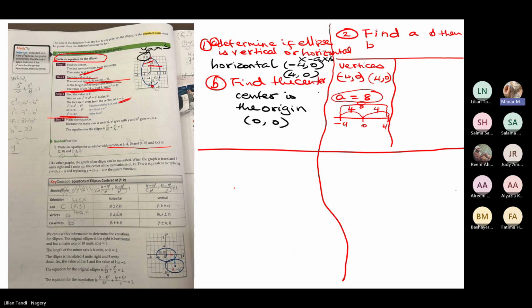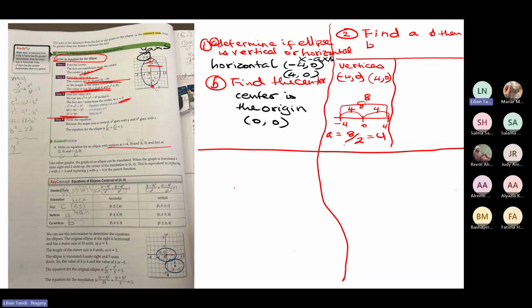Okay, so here they take the 9. So yes, I agree with you. Now, the distance from here to here is 8. So now we need to find A. A equals 8 divided by 2, which is 4. I agree with you. Okay? Now I understand.